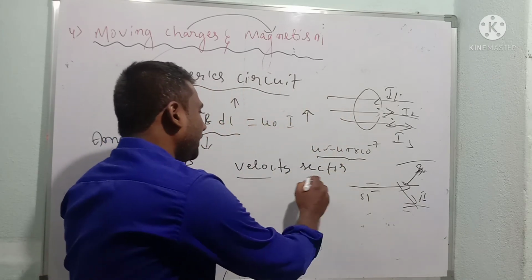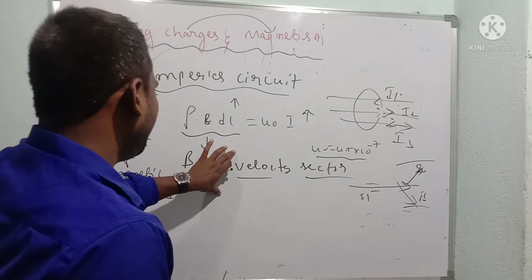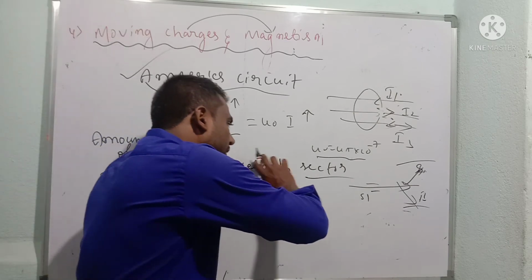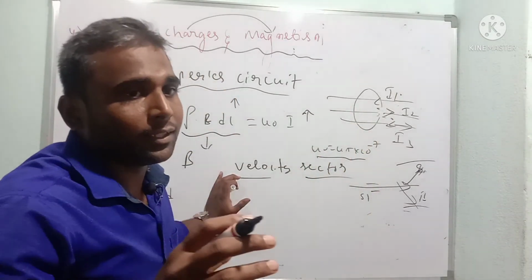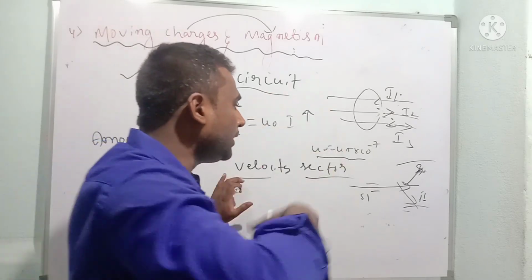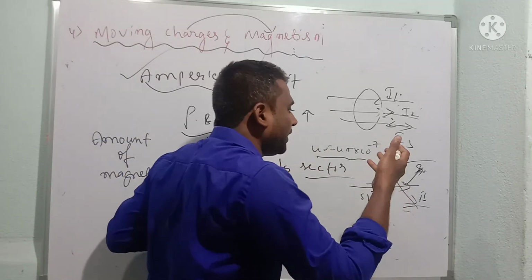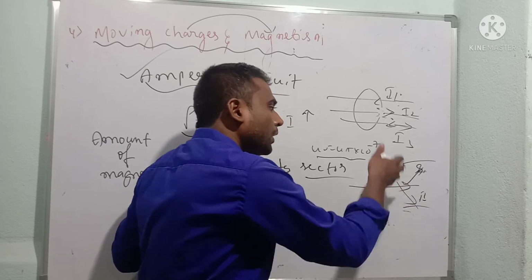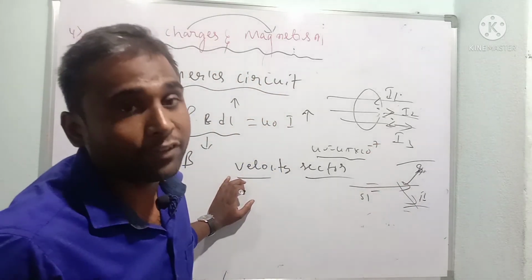So what is the meaning of velocity selector? The name itself tells us that we find how charged particles get selected by velocity in the presence of electric field and magnetic field.